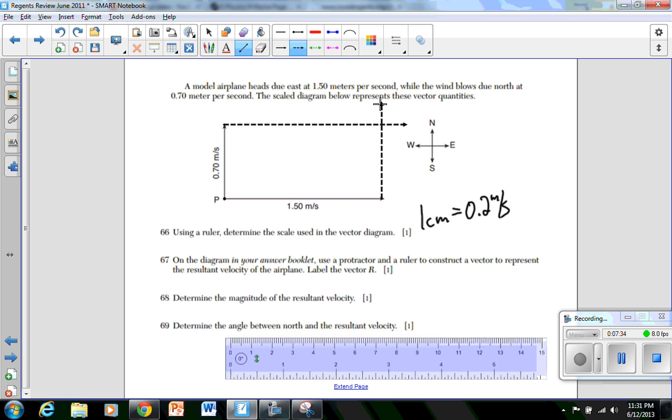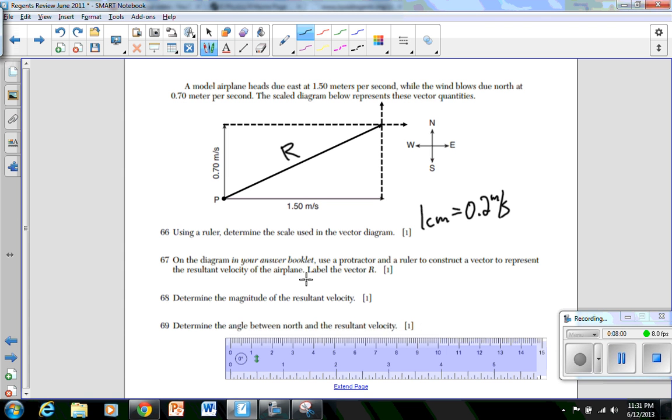Straight line, and then your resultant vector is going to be this. Make sure that the arrow of your resultant goes right to that intersection right here. So that is number 67, and we need to label that vector letter R.